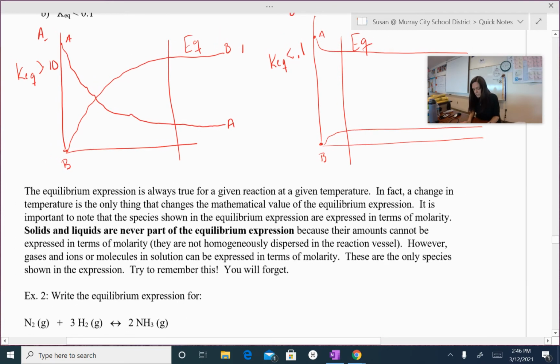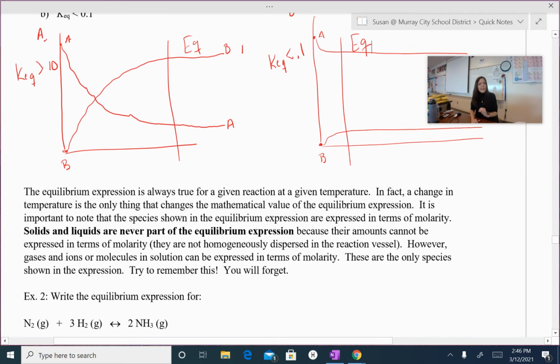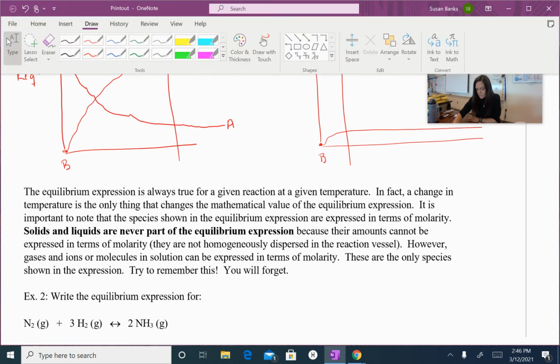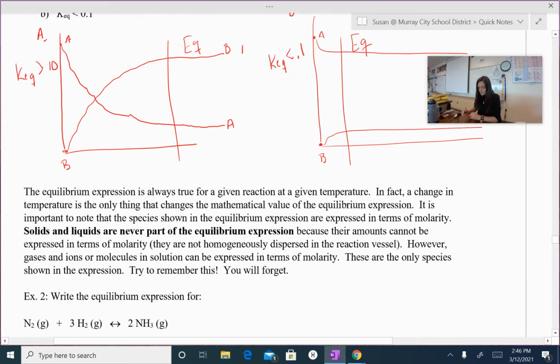Equilibrium expressions are always true for a given temperature. Now, I want to reinforce that really quickly. So let's highlight that. Equilibrium expression is always true for a given temperature. So if I change the temperature of that reaction, that equilibrium constant is going to be different.